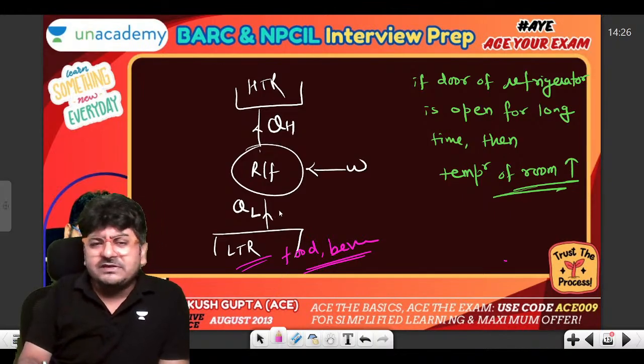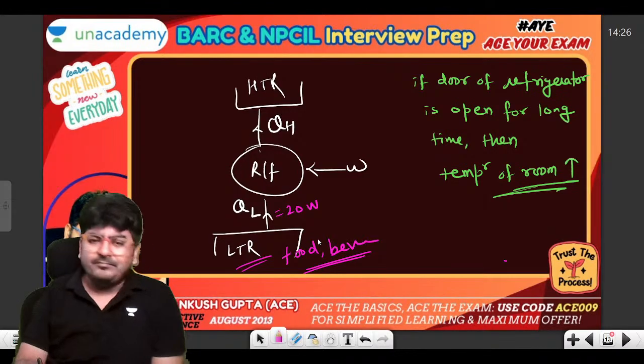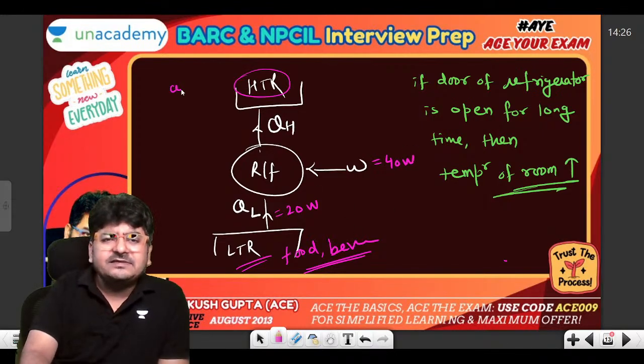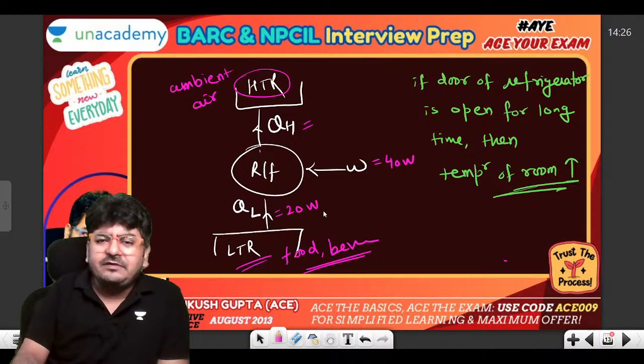Now suppose the heat it took from the food and beverages is about 20 watt. Work done on the refrigerator is, let's say, 40 watt. The high temperature region is the ambient air, the room air. So it will reject 40 plus 20, 60 watt of heat.